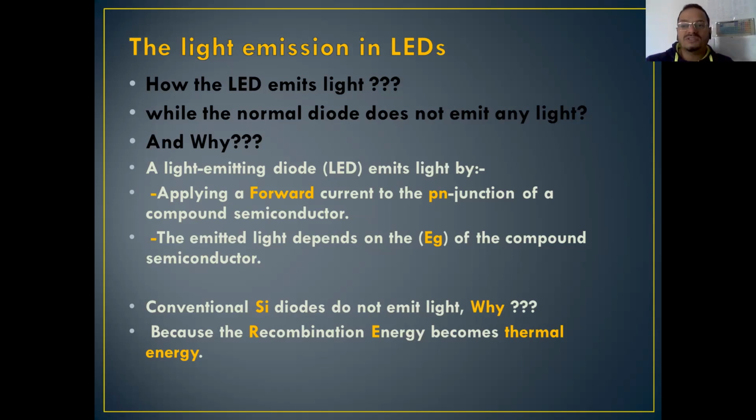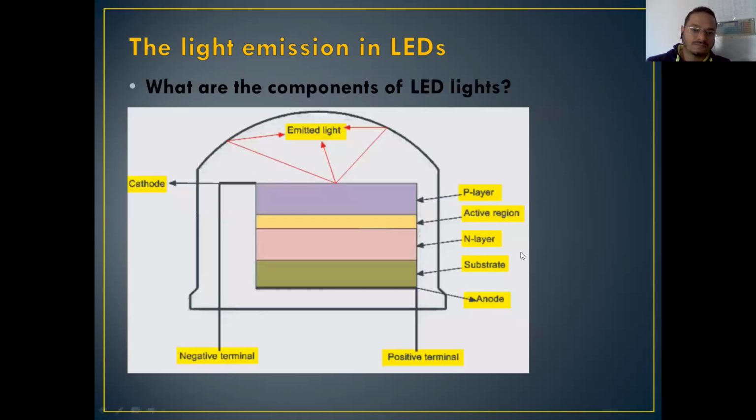But in the ordinary diode, the energy becomes thermal energy. That means that when the electron comes back to the valence band, from the conduction band, back again to its place at the valence band, what it gives us is thermal energy.